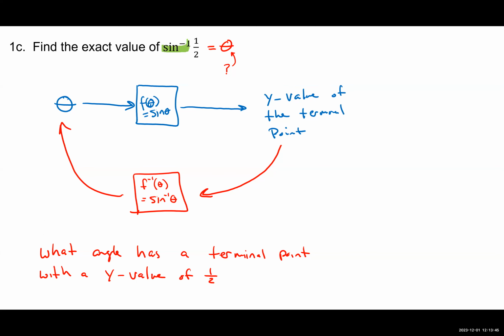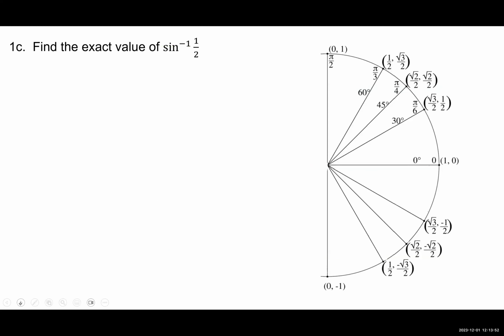Because it's the sine inverse, what we have to do is go to the right half of the unit circle. Right? It's sine inverse, so we talk about the right half of the circle. We look for a point that has a y value of 1/2. And that point is associated with this angle.